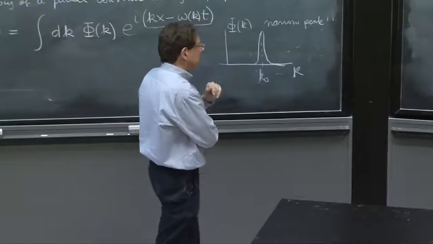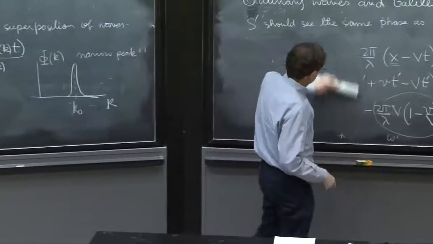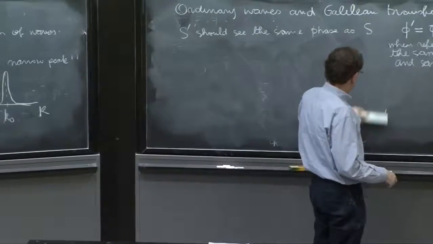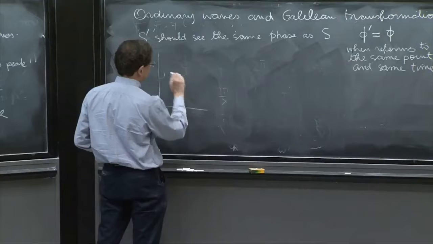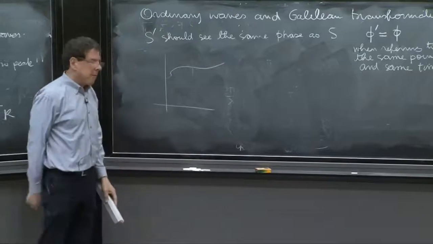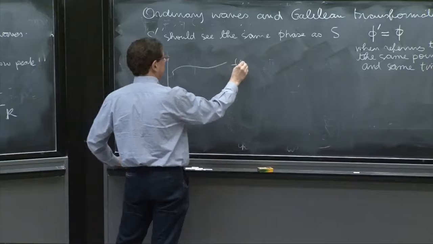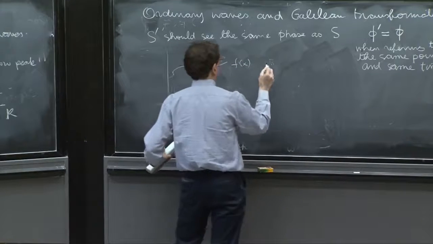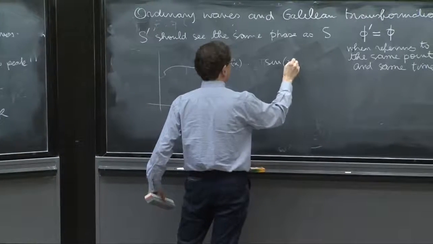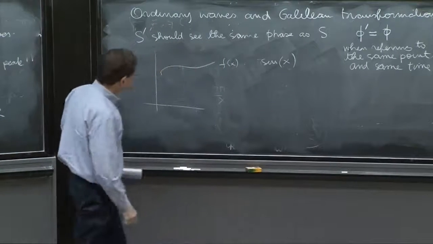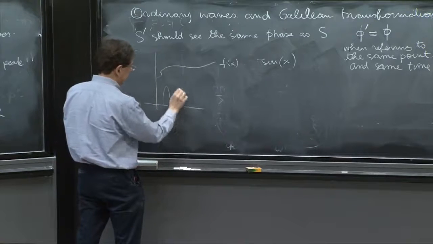And intuition is something that I think you have. If you're integrating a function f of x multiplied by maybe sine of x, well, you have f of x times sine of x.